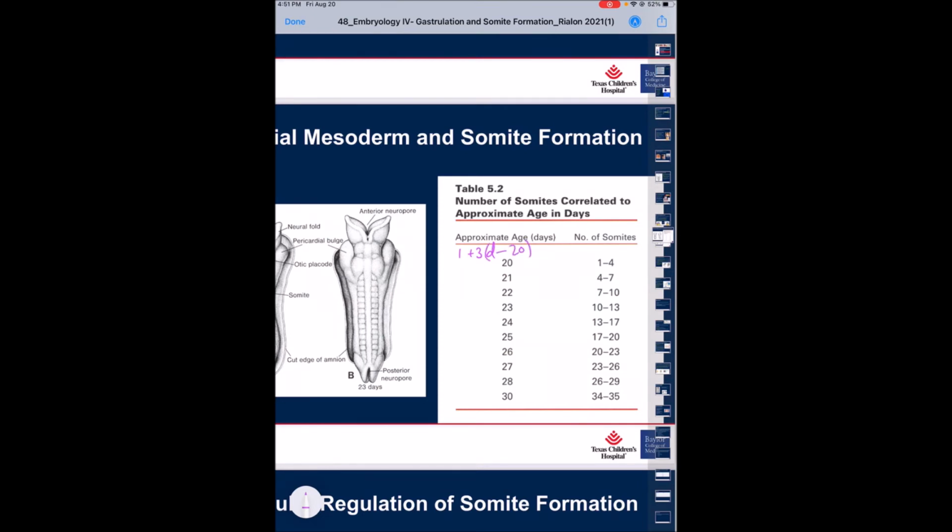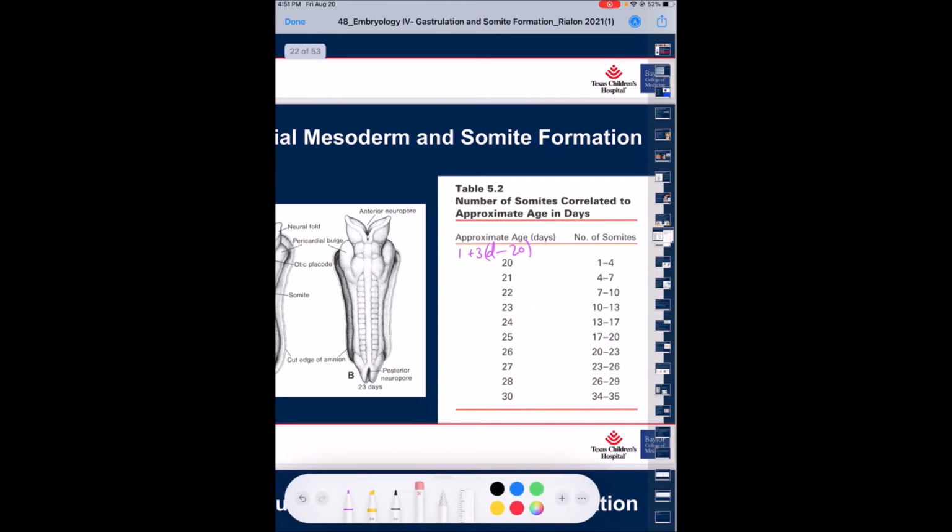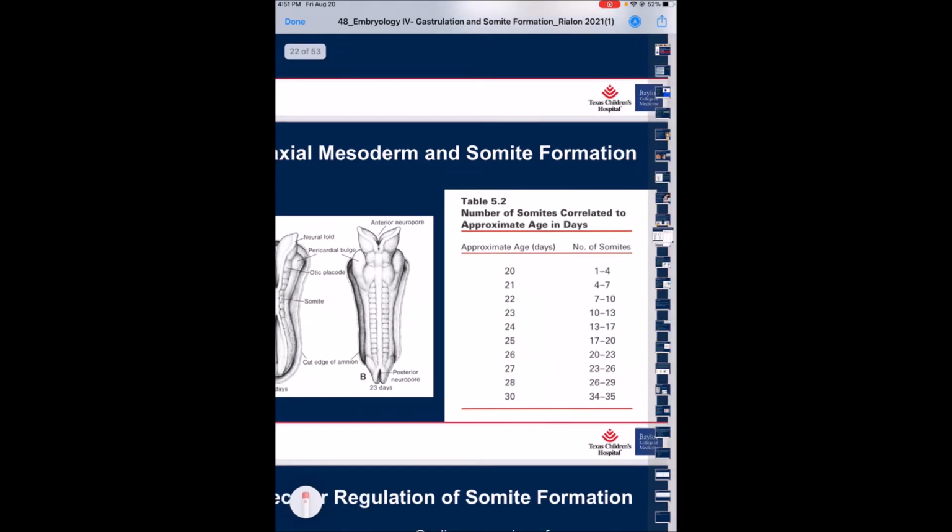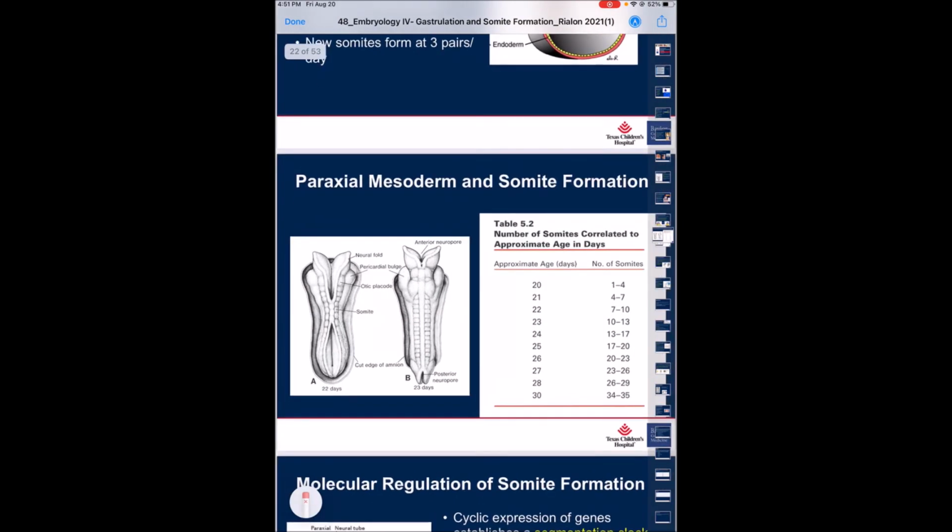But it's variable, so I really don't expect them to test us on this. But the idea is that you can count the number of somites and use it to estimate the age of an embryo. But it's just an estimate, so I don't expect to see it on tests.